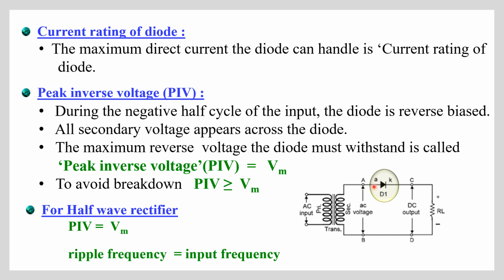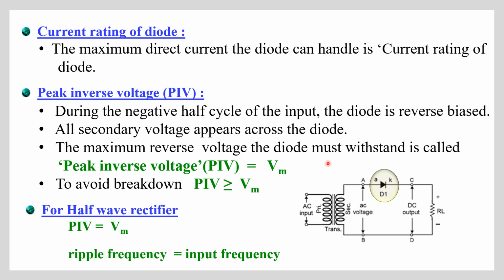If Vm is the peak amplitude of the applied sinusoidal wave, then during the negative half cycle the maximum voltage across the diode in the reverse condition will be equal to Vm. So for this half wave rectifier, the peak inverse voltage is equal to Vm.